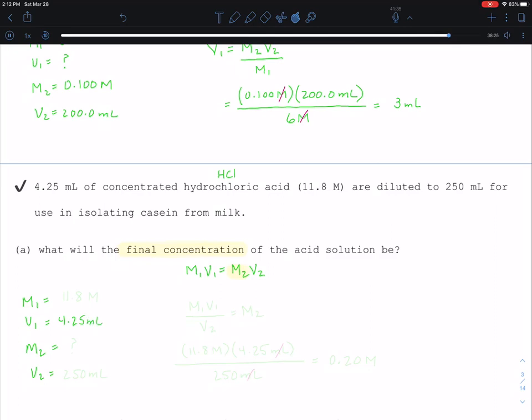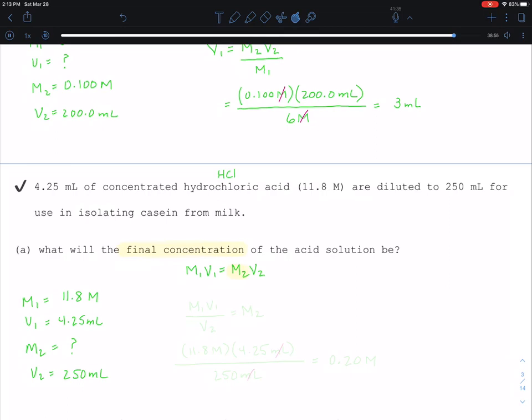My initial concentration is 11.8 molar. Then they say, what is the final concentration? So I don't know what M2 is, but I do know that I'm going to make 250 milliliters of total solution. So that's how I went through the problem, and I just sort of assigned all of those data to these little variables that I've just made up, M1, V1, M2, V2.